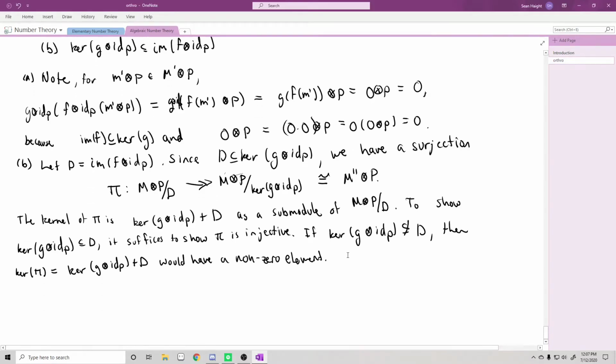Okay, so it really does suffice to show that pi is injective. And essentially what we're going to do is define an inverse from this guy back to this quotient here.